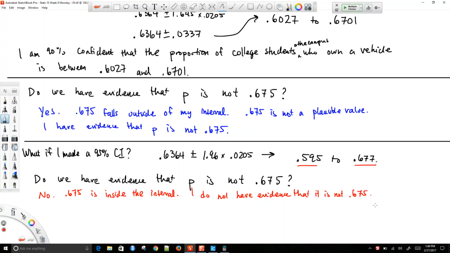Right here when I say, yes, 0.675 falls outside of my interval, I have evidence that P is not 0.675, there should be a little star that says I'm only 90% confident in my answer.